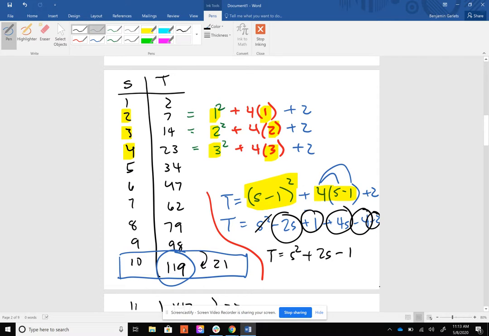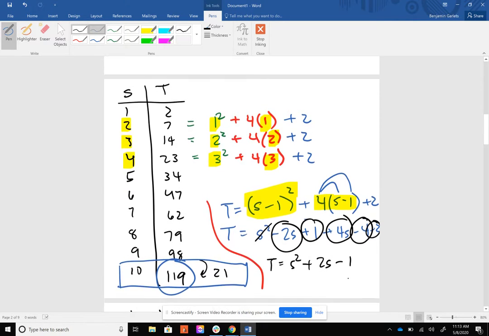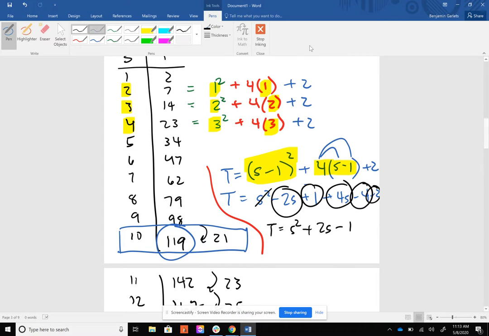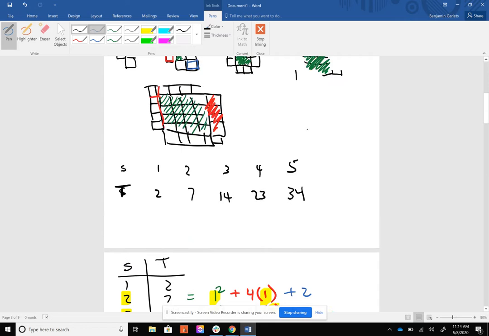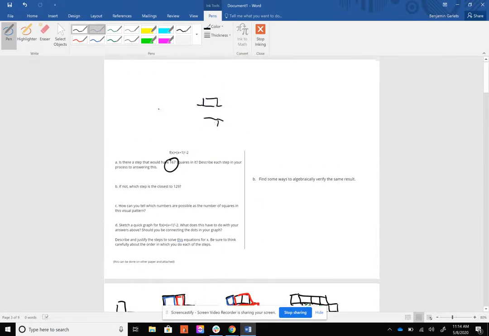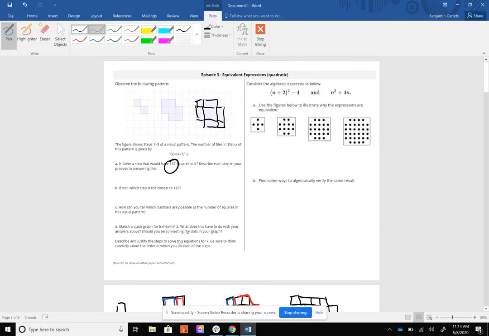So let's go take a look at the graph. It did say in our task to graph this function here, x plus 1 squared minus 2. So let's do that.